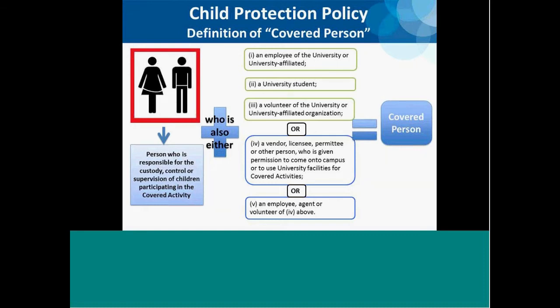A person is a covered person under the policy when they are responsible for the custody, control, or supervision of children participating in the covered activity, and they are also a member of one of the 5 described categories of individuals that are shown here in the 5 boxes in the center of this slide.